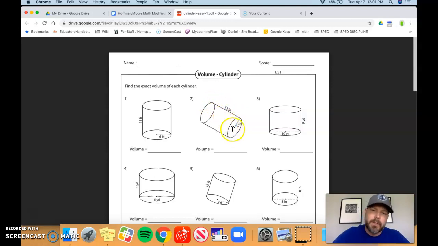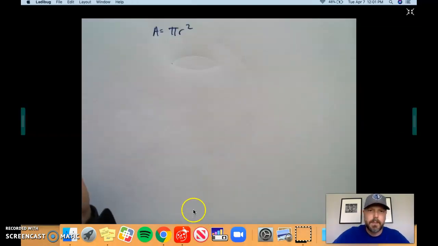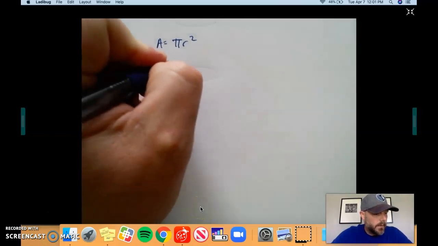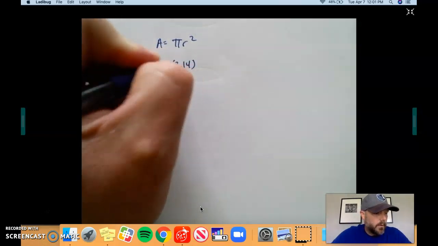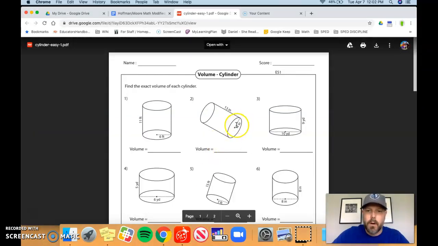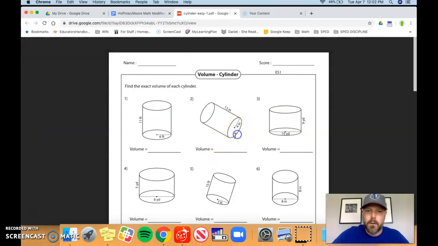So remember, first you have to find the area of this circle here. Area of a circle is pi r squared, right? So area equals 3.14 times the radius, which was 4.